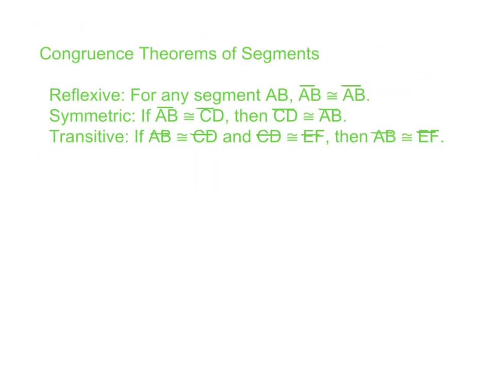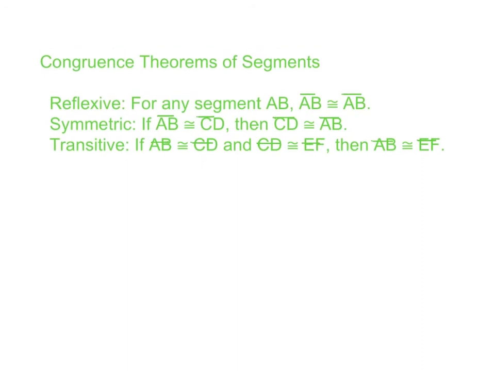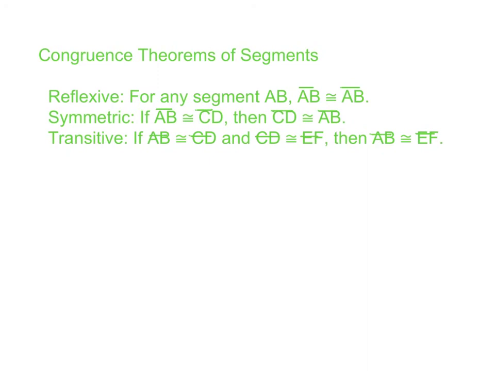Okay? The last two have to do with congruence. So we're going to take these algebraic properties, which have to do with numbers, and we're going to apply those to congruence, meaning figures being congruent to each other. Sorry about the overlines on some of these, but they kind of got reformatted, but all of those are segments. So what they say basically, reflexive property, any segment is congruent to itself.